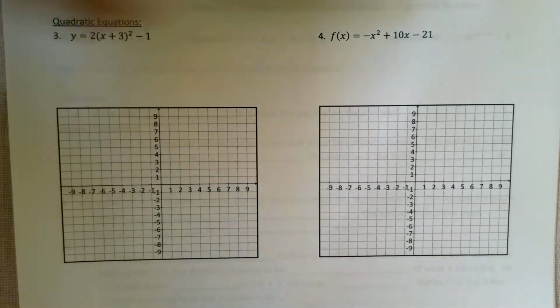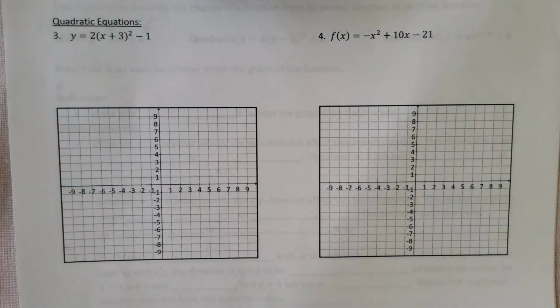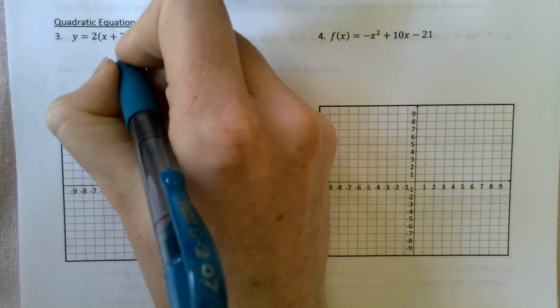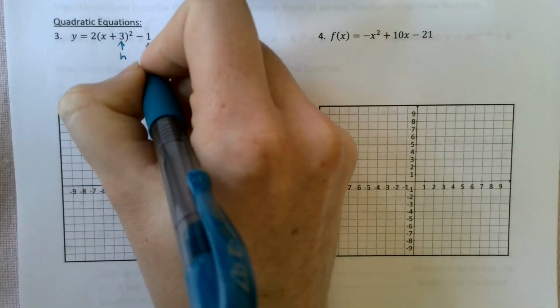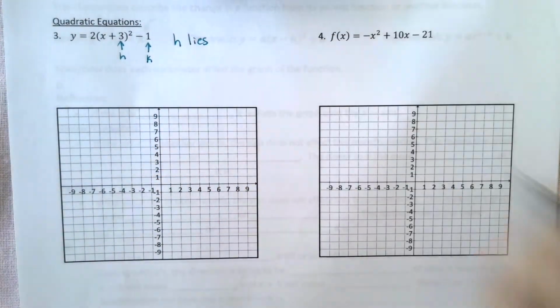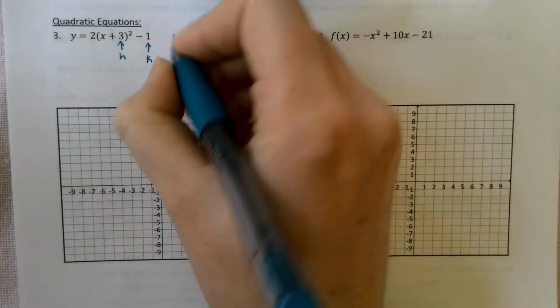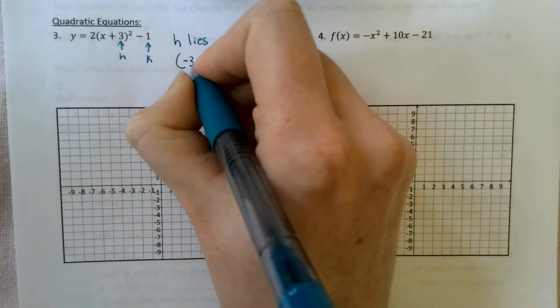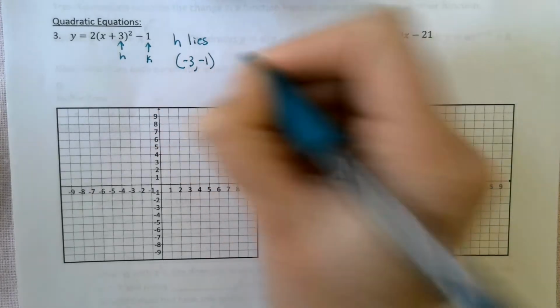Okay? So for quadratics, our first one is in vertex form. So remember, with vertex form, it automatically gives us our vertex, because this is our h and our k. But remember, h lies. So our actual vertex, it tells us 3 is going to be -3, comma, -1.